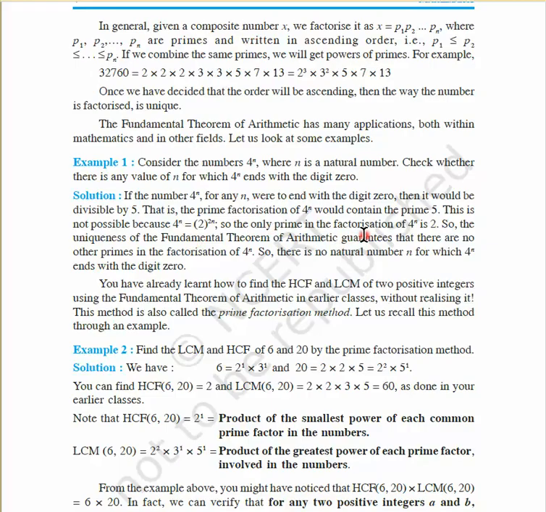So the only prime factor of 4 raised to power n is 2. So the uniqueness in the fundamental theorem of arithmetic guarantees that there are no other primes in the factorization of this. So there is no natural number n for which 4 raised to power n ends with the digit 0. You can try it yourself.